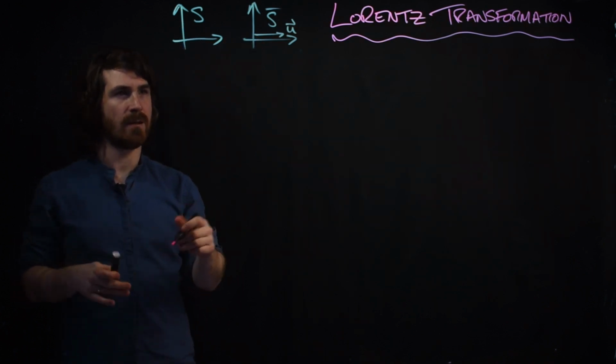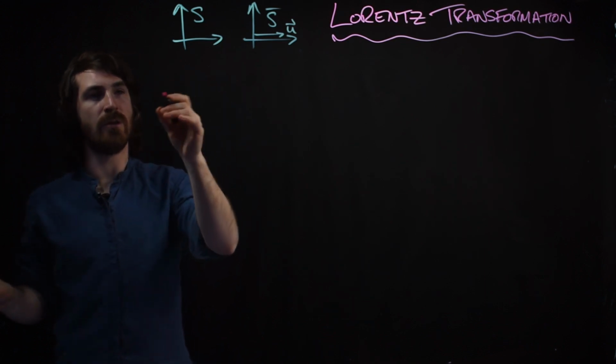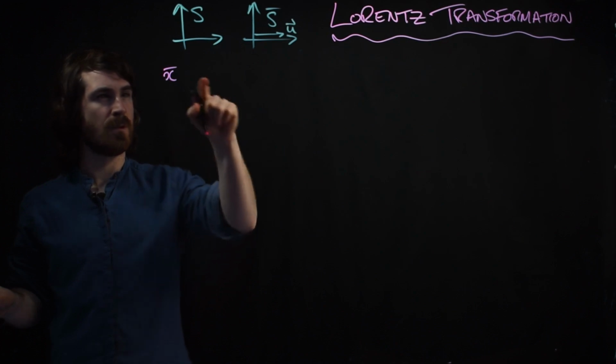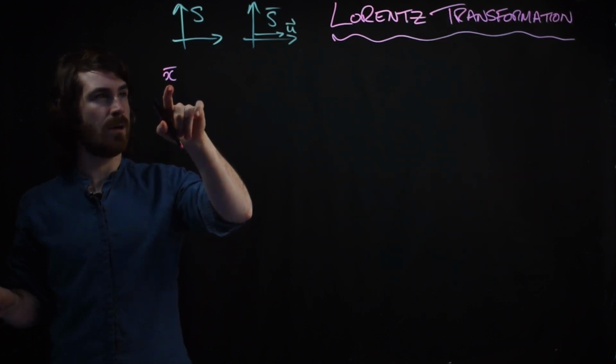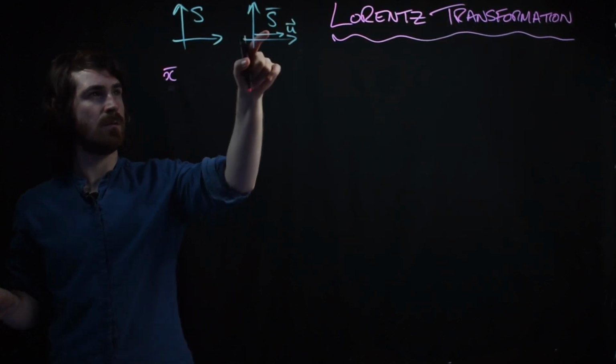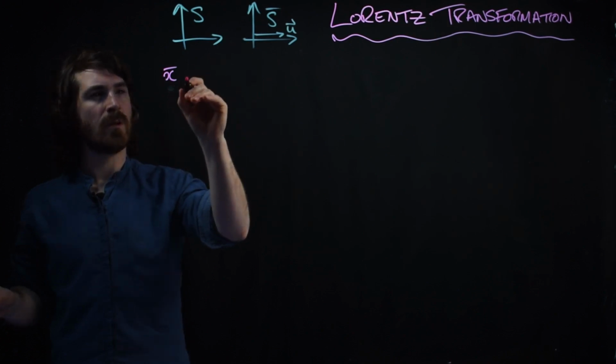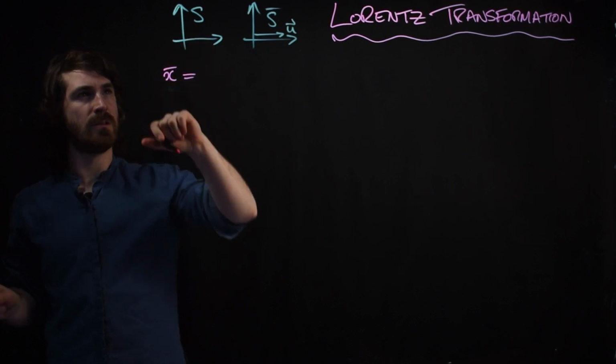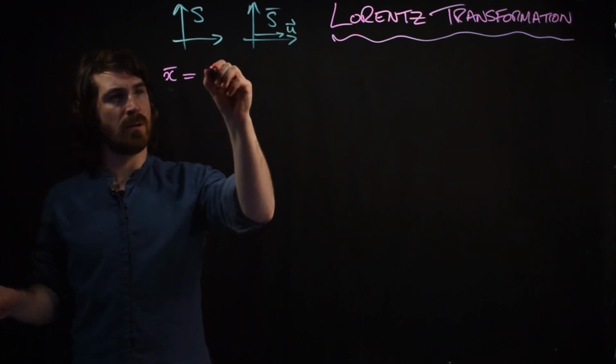Okay, and with that, because we know the transformation is linear, we can write that x bar, some coordinate in S bar, can be written in terms of the coordinates in the unbarred system in a linear manner.